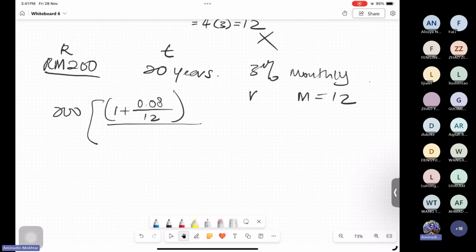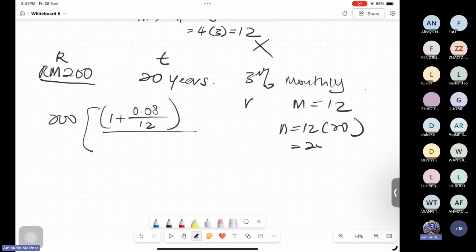So the number of times the interest is calculated is M times T, N equal to 12 times 20, which is 240.